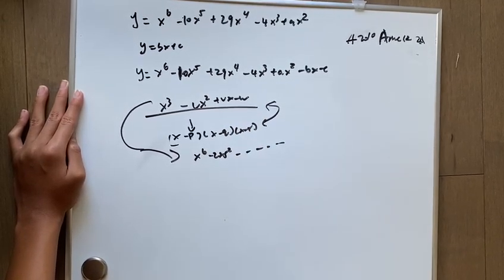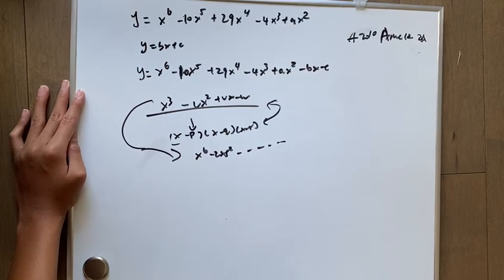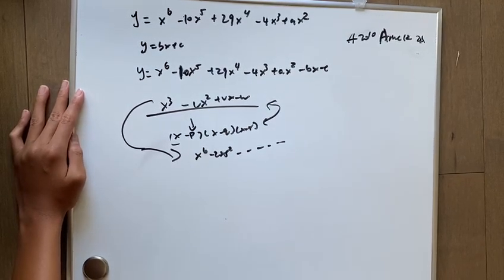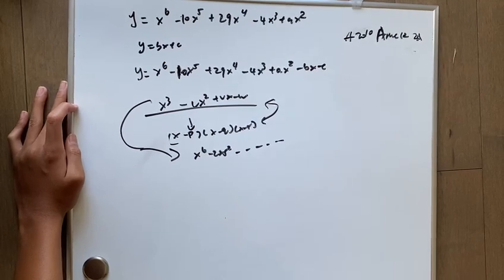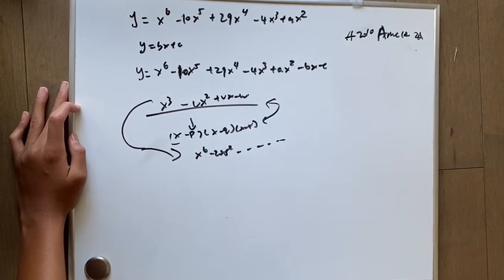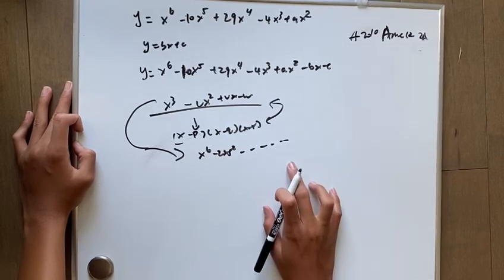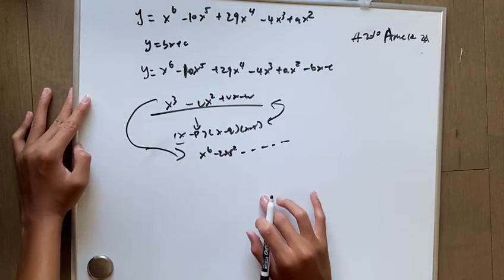Since we don't know a, b, and c in this equation, we really don't need the last 3 terms of the expansion. So after looking at everything, we can factor everything out.